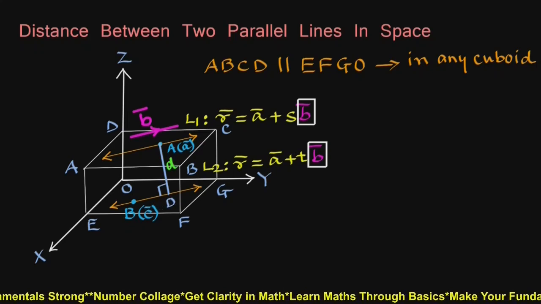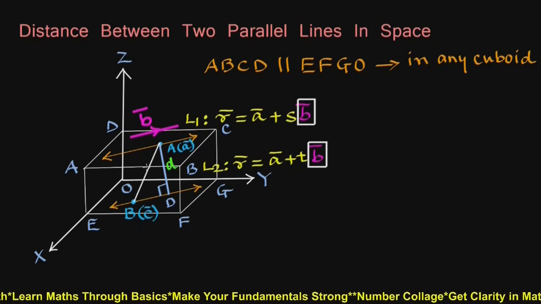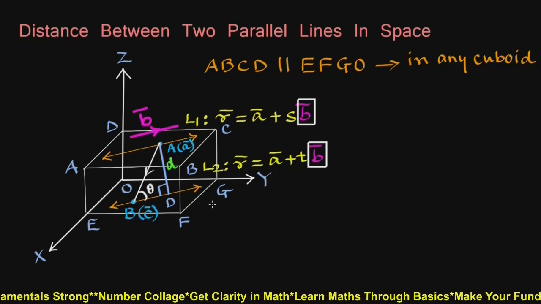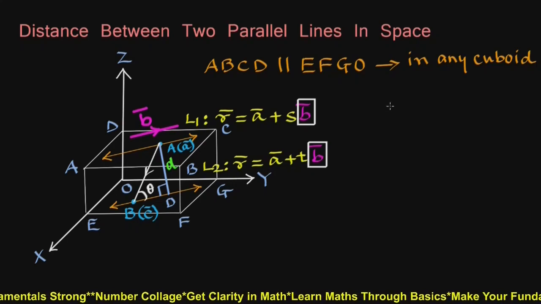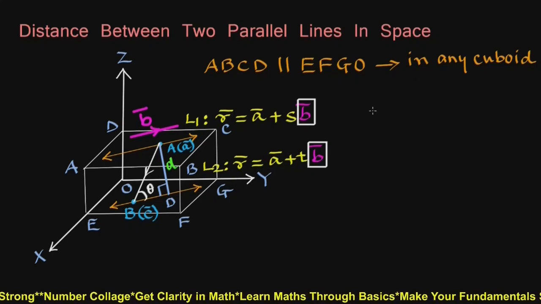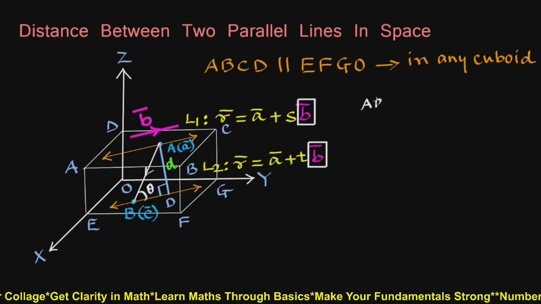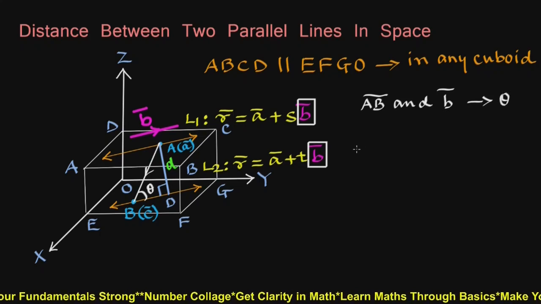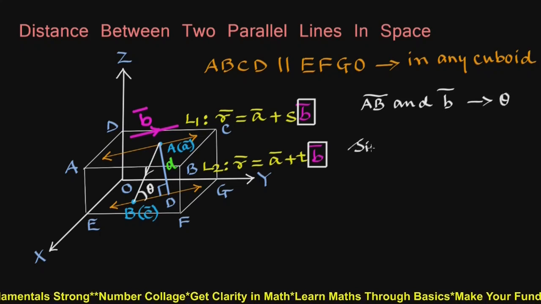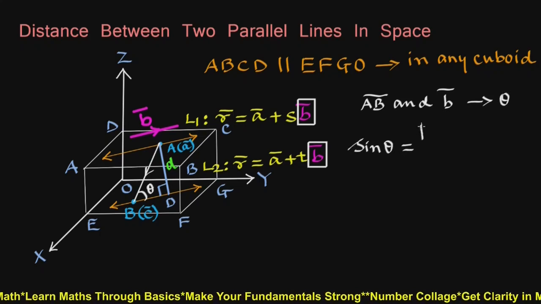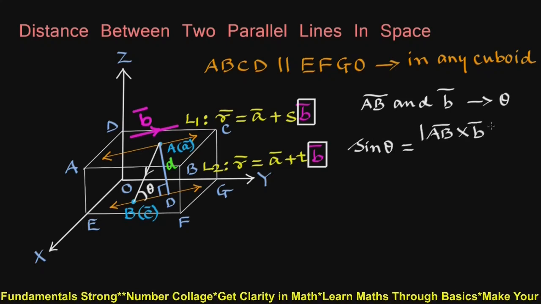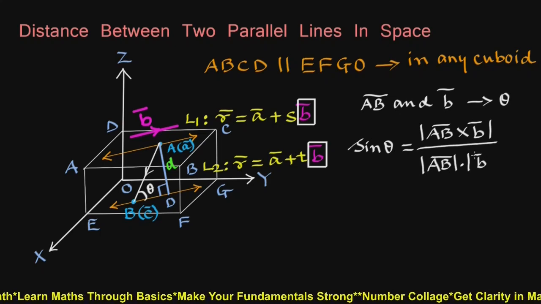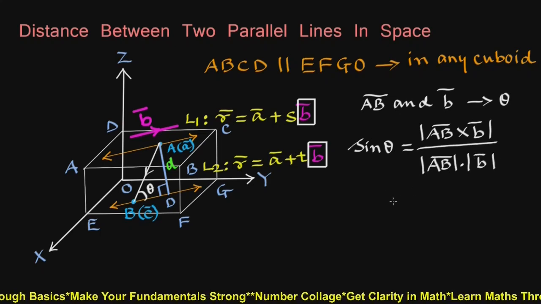Let us join A and B so that vector AB makes angle theta with line L2, which also means acute angle between vector AB bar and vector b bar is theta, and we have sin theta equals mod AB bar cross b bar upon mod AB bar into mod b bar by definition of cross product.